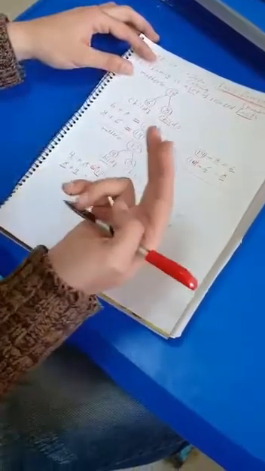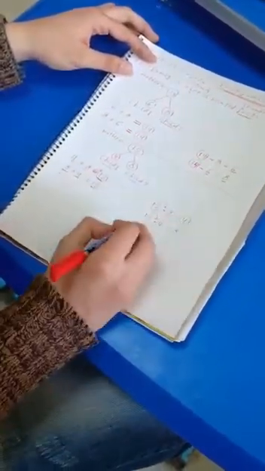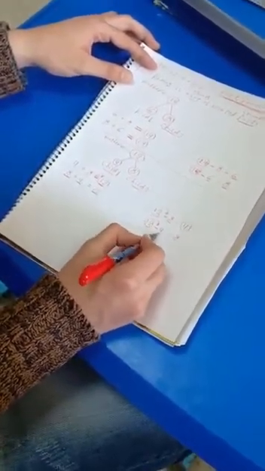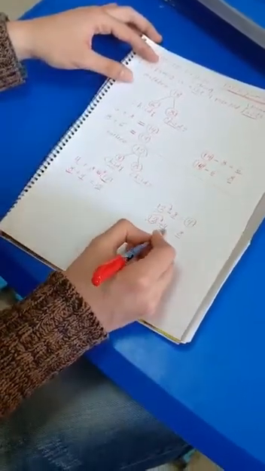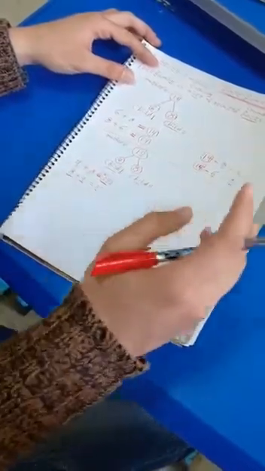And from a mother and one child, you can get the other child. I mean, if you have the bigger number and one smaller number, you can get the second smaller number.